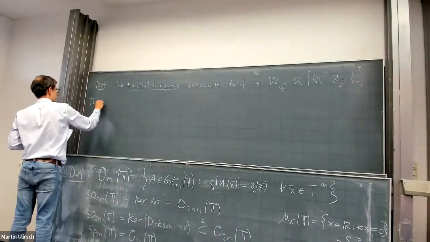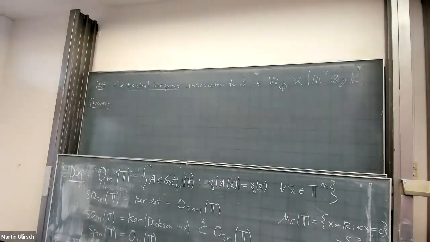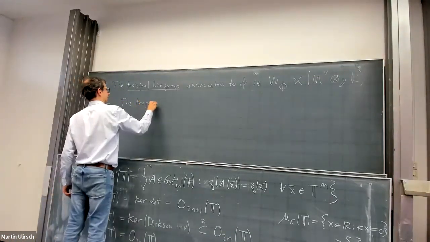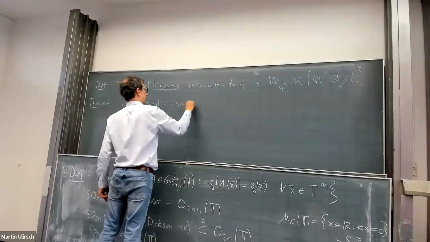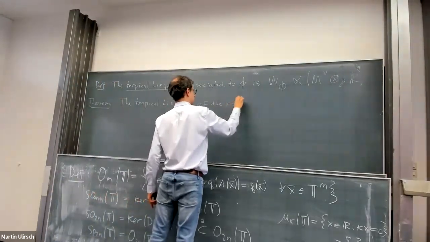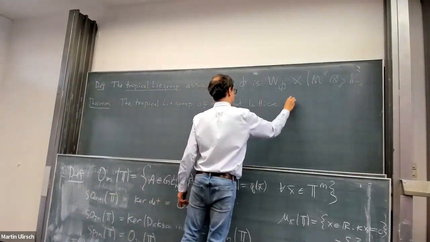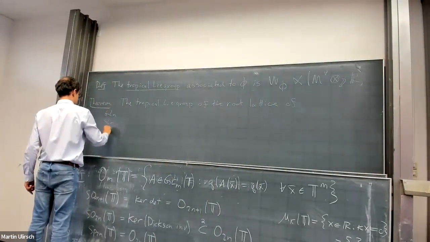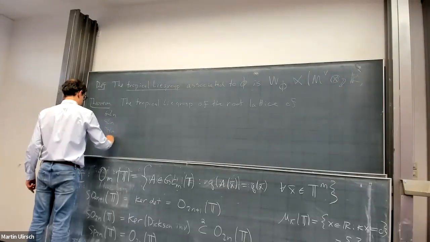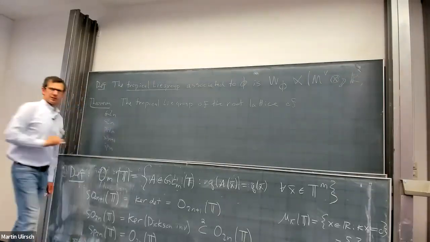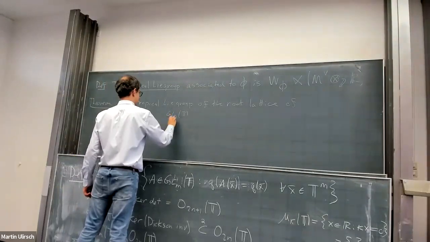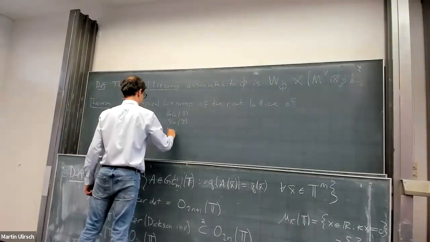And then theorem, and this is part of our new project with Andreas, Arne, and Martin, is that the tropical Lie group of the root datum of PGL_n, SL_n, PGL_n, SO_2n+1, Sp_2n, and so on, is GL_n(T), SL_n(T), PGL_n(T).